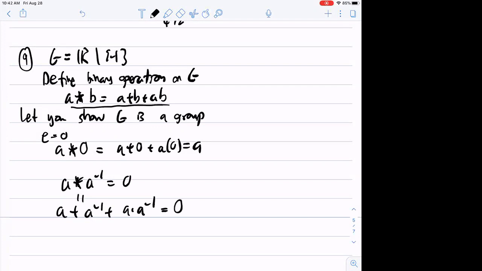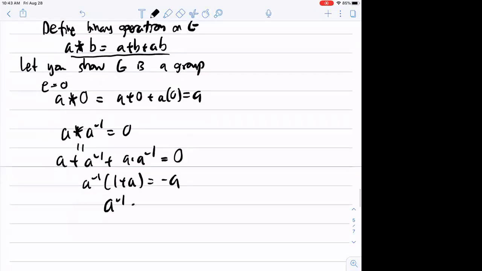So if you just solve, A inverse times (1 plus A) is -A, so A inverse must be -A over 1 plus A.